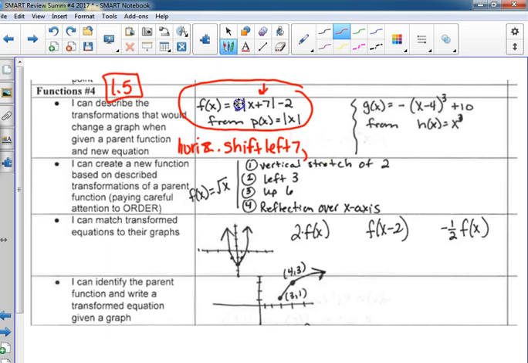The next thing is actually what? The stretch. It is a vertical stretch by factor 3. And then the last thing, yes, a vertical shift down 2.